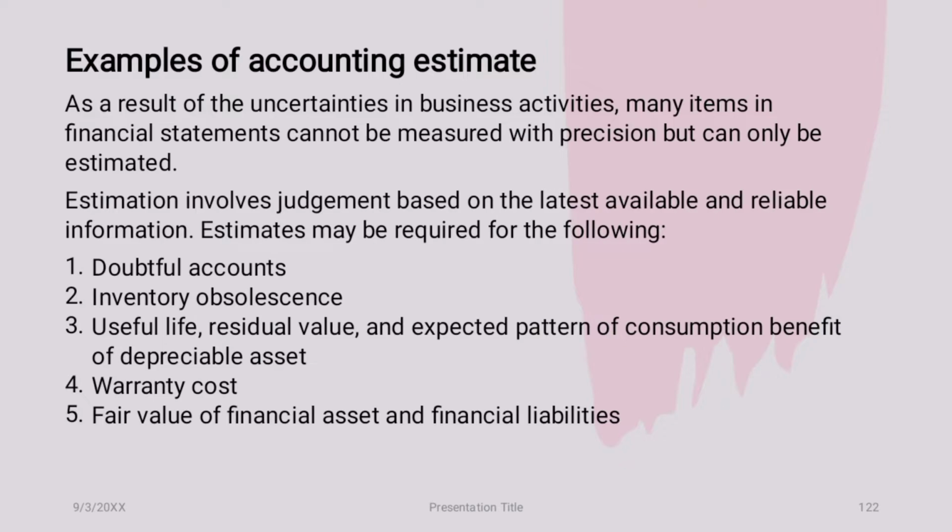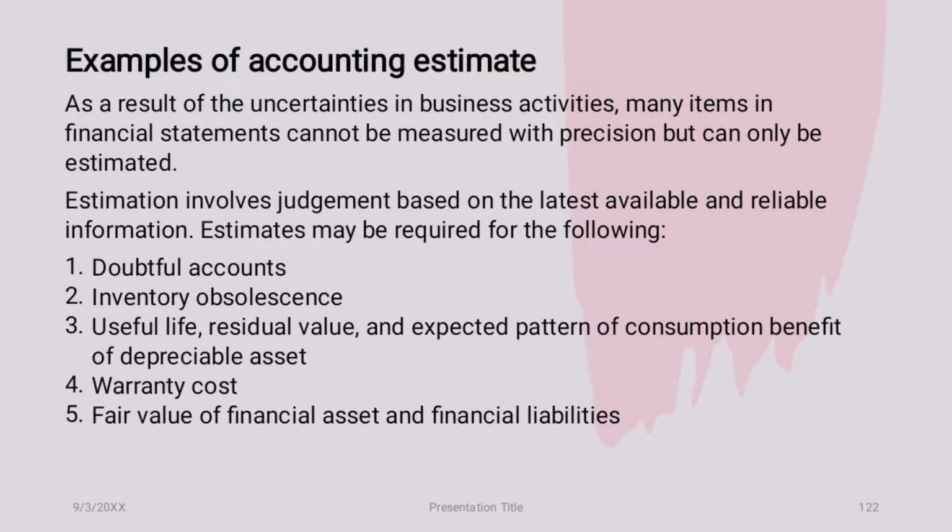Then the residual value pertains to the value of the property after it depreciates, when the amount is recovered. Take note that we can only ascertain the residual value of an asset on the date the asset is actually disposed.